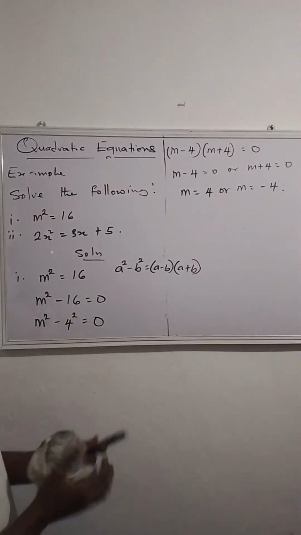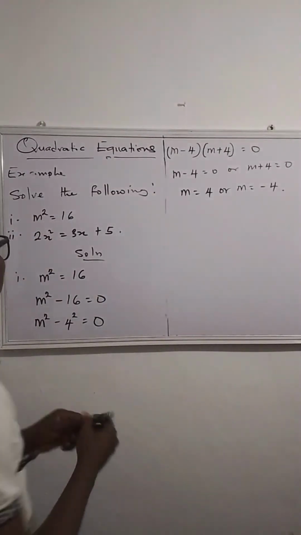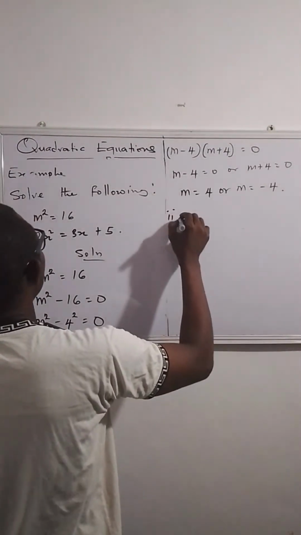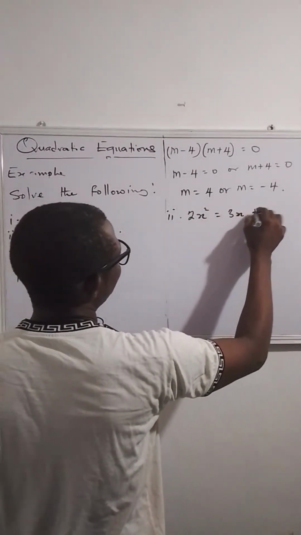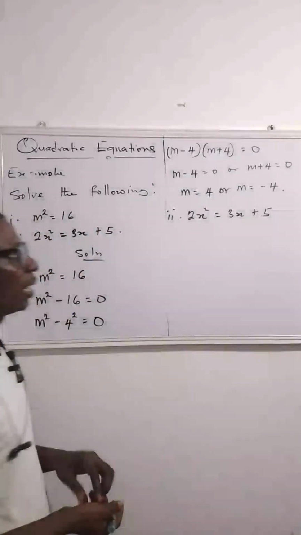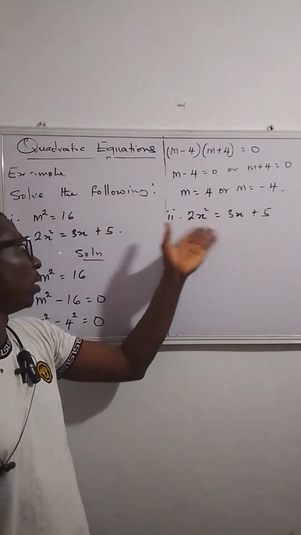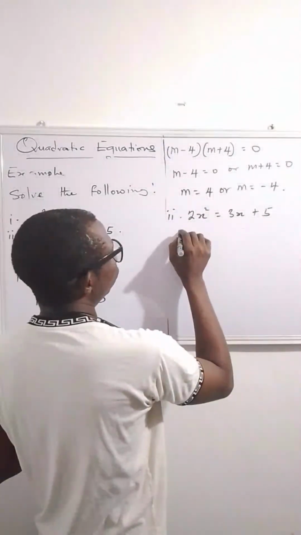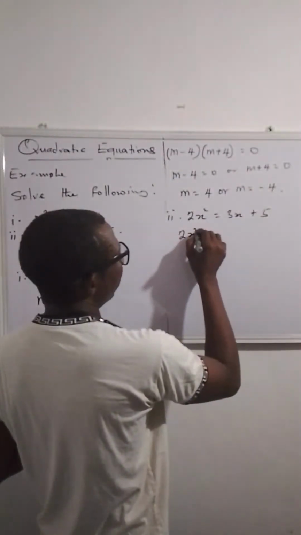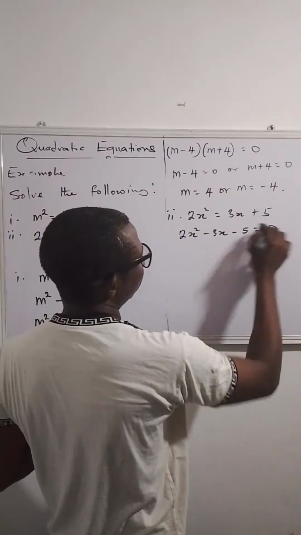Now let us look at the second one. The second question, we have 2x squared equals to 3x plus 5. So now we are going to express this quadratic equation in the standard form. So this will turn to 2x squared minus 3x minus 5 equals to 0.